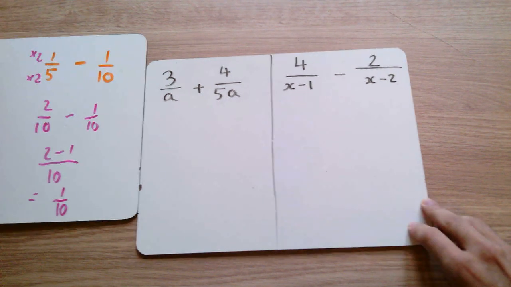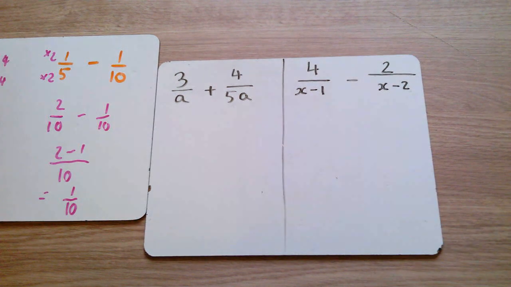3a plus 3 over a plus 4 over 5a is our example on the left-hand side. Now, the reason why I'm keeping this example here present is because if you look at the denominators in this case, we could multiply through them both together to get 5a squared.